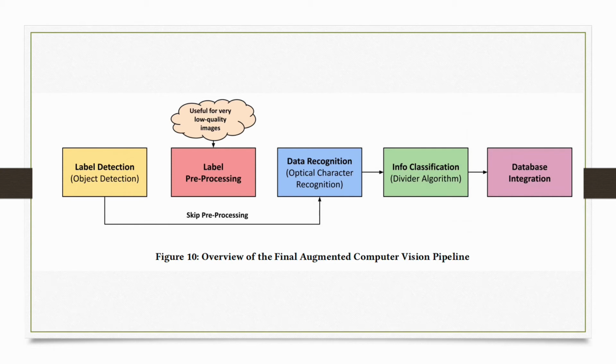Finally, it includes the database integration, where all the related information is sent to the final stage, where we can see in the picture that object detection is done in the label detection, and then the optical character recognition, and then the info classification. We have used three different types for the resolution type.